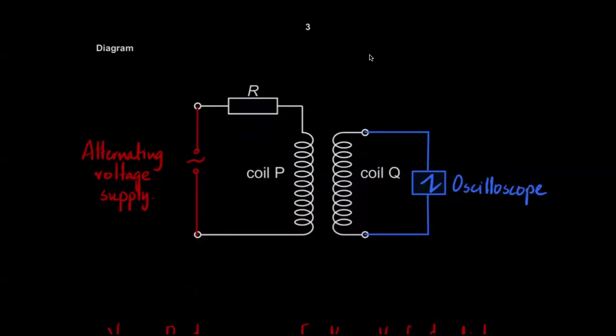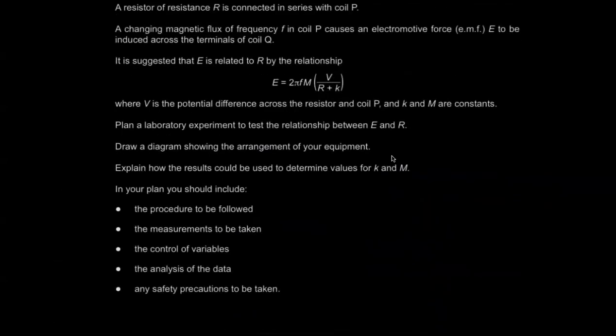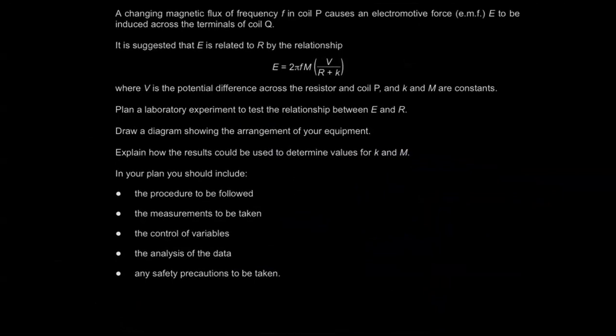What else would we be needing? So we have the AC supply, and the changing magnetic flux of frequency F in coil P causes an EMF to be induced across terminals of Q. It is suggested that E and R are related by this relationship, where V is the potential difference across the resistor.